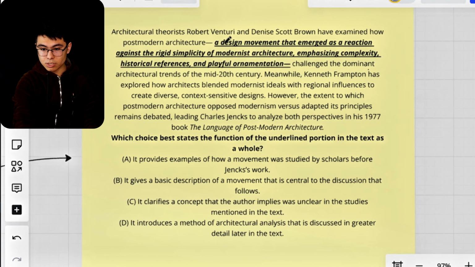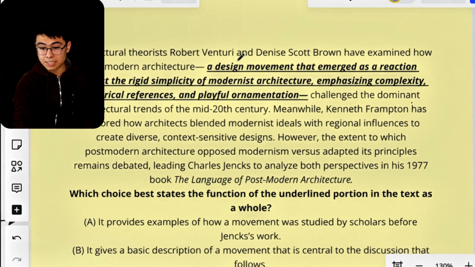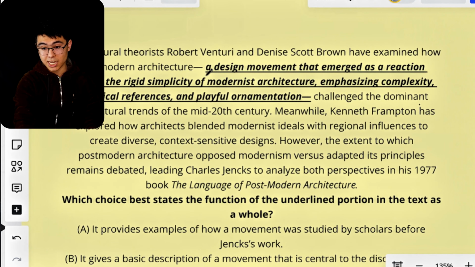Architectural theorists have examined how postmodern architecture, and now the underlined part begins, a design movement that emerged as a reaction against the rigid simplicity of modernist architecture, emphasizing complexity, historical references, and playful ornamentation, challenges the dominant architectural trends of that century.